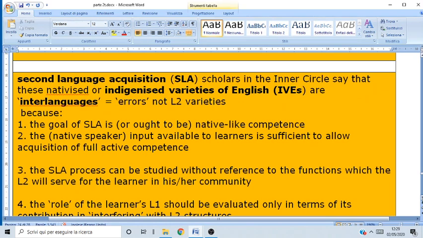Why do they say this? They say, well, these people in the outer circle have enough input from native speakers, so they should be able to get to an acquisition that is 99% similar to that of a native speaker.